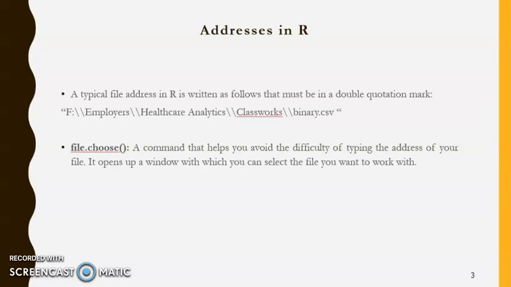The last slide we discussed in the previous session of R programming was this. We talked about this address, and also briefly about the function file.choose. The most obvious difference between using file.choose in your code and writing addresses directly is ease.